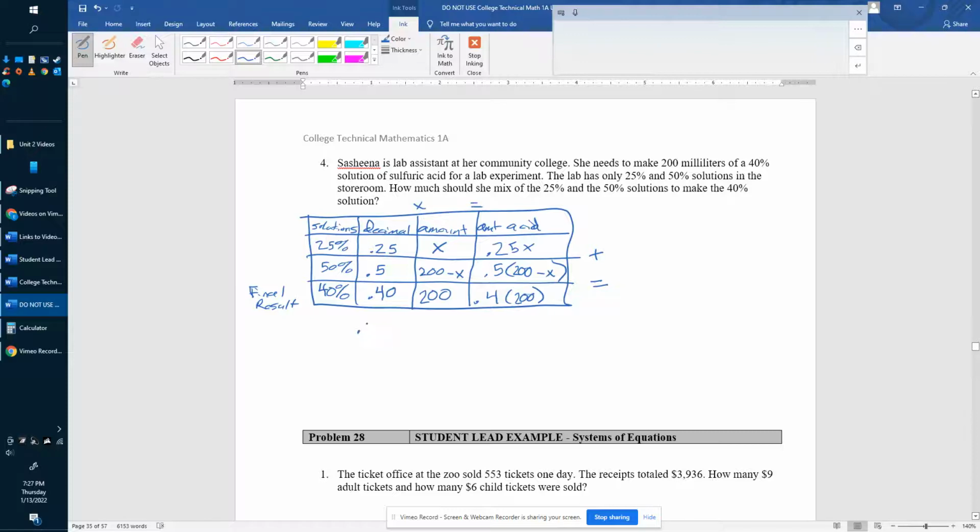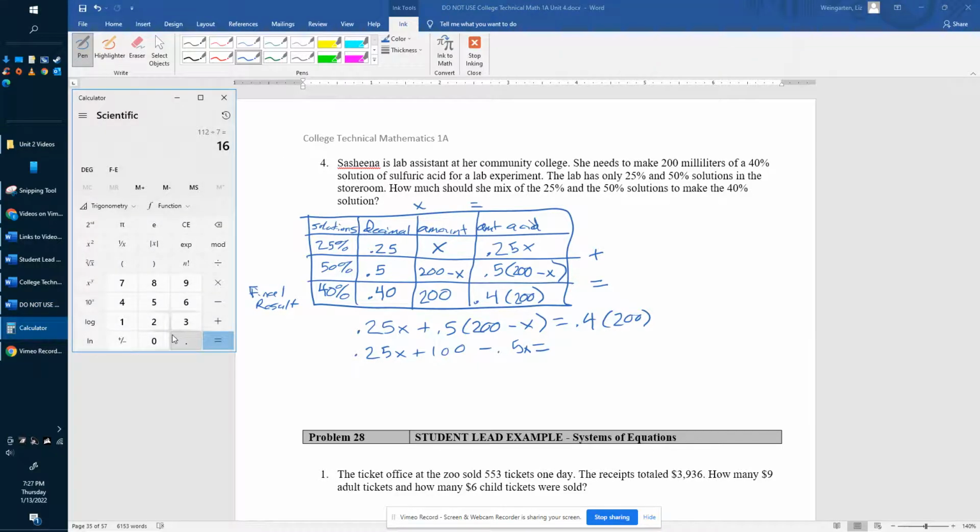So our equation is going to be 0.25x plus 0.5 times 200 minus x equals 0.4 times 200. So let's distribute: 0.25x plus 100 minus 0.5x equals 0.4 times 200.